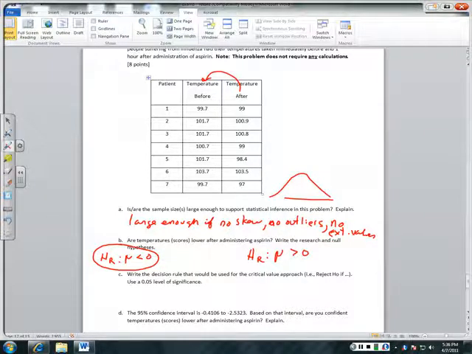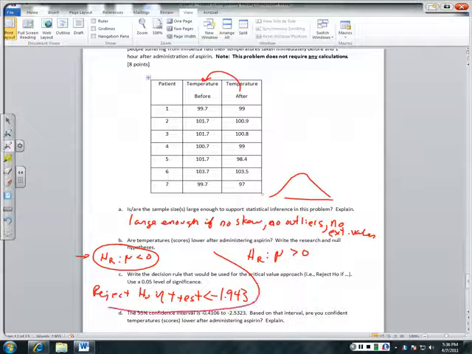So if you said mu less than 0, you should have had reject HO if t-test is less than minus, for degrees of freedom of 6 and a one-tailed 0.05, you should have gotten 1.943. I'm doing that from memory, so let me look back and check that. 6 degrees of freedom, one-tailed 0.05, that's right. So those two go together.